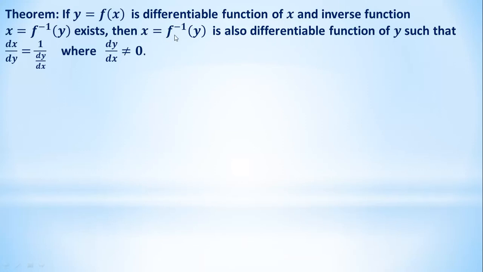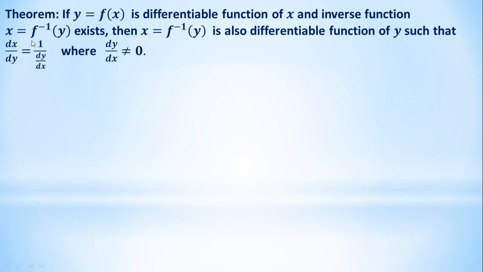The derivative of x with respect to y exists such that dx by dy is equal to 1 upon dy by dx. So you remember this as a rule to get the derivative of an inverse function, where dy by dx is not equal to 0.